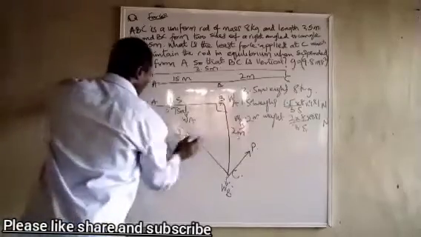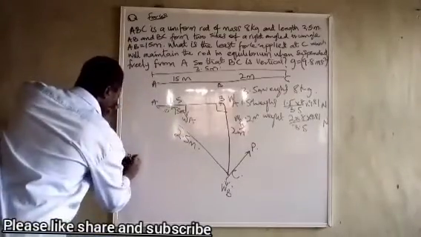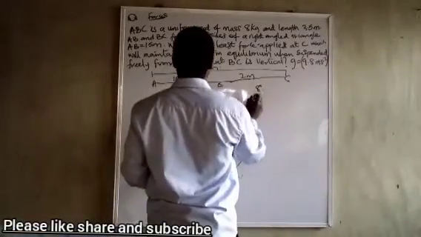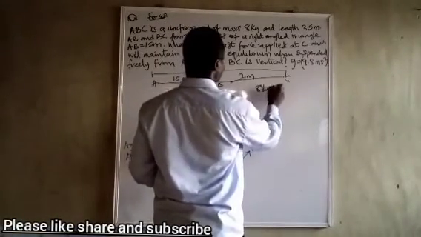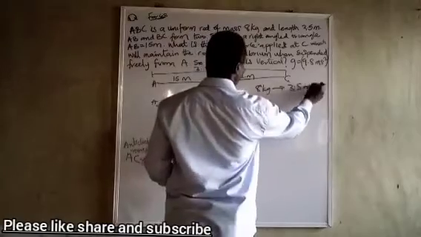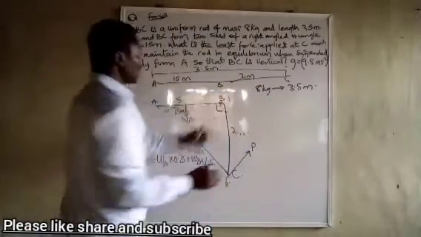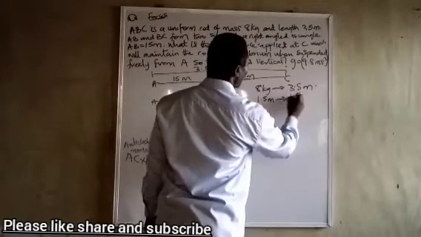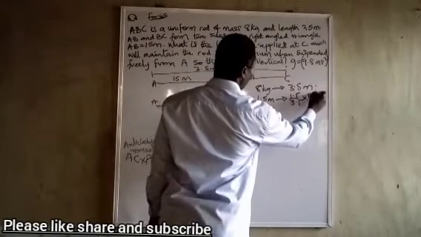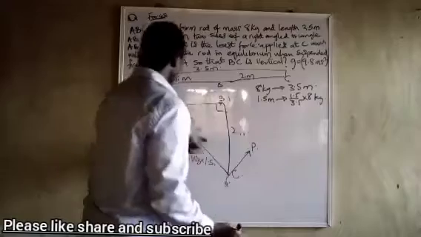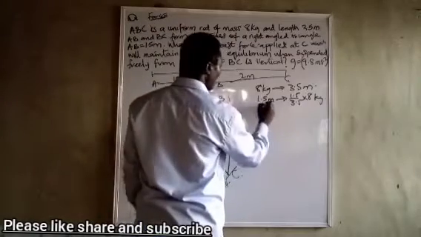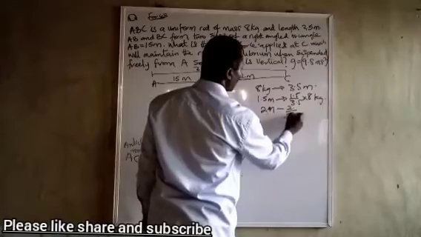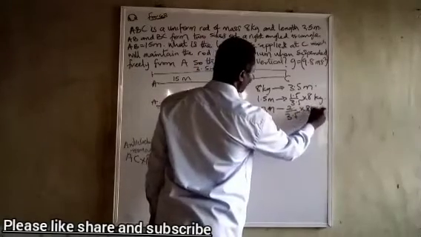For clarity now, you can see that 8 kg is for 3.5 meters. Therefore, this 1.5 meters here weighs 1.5 over 3.5 times 8 kg. This one here, 2 meters, weighs 2 over 3.5 times 8 kg.